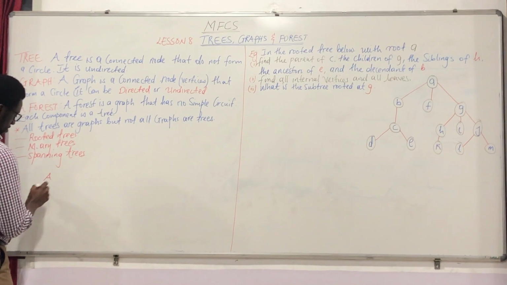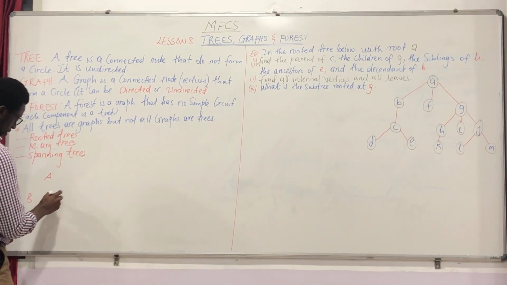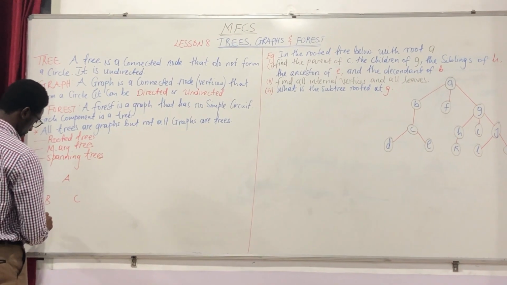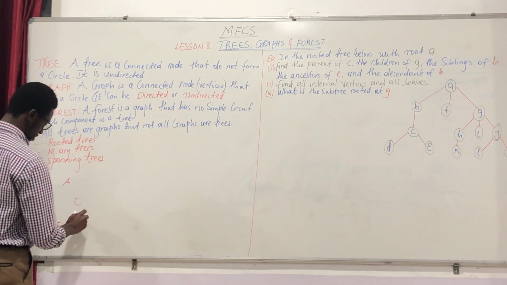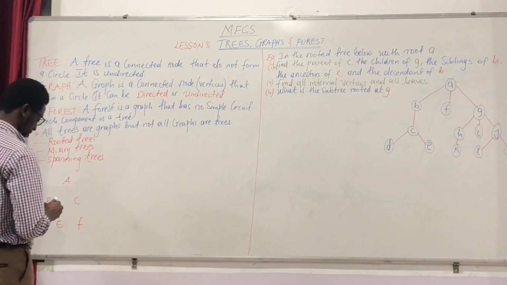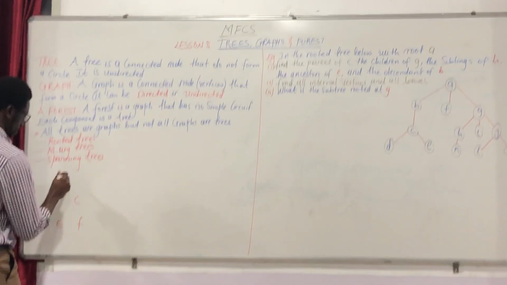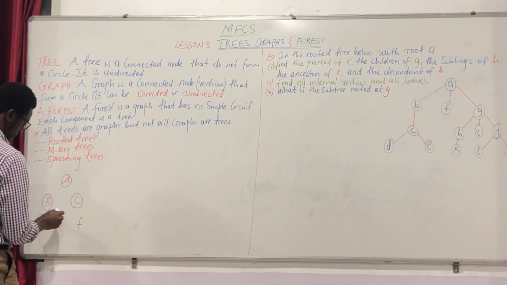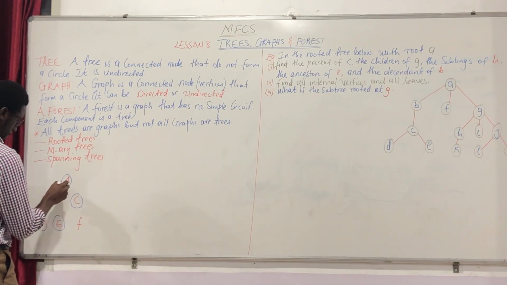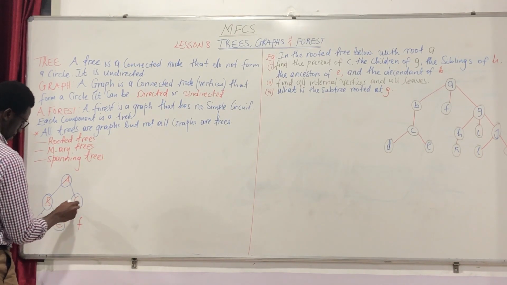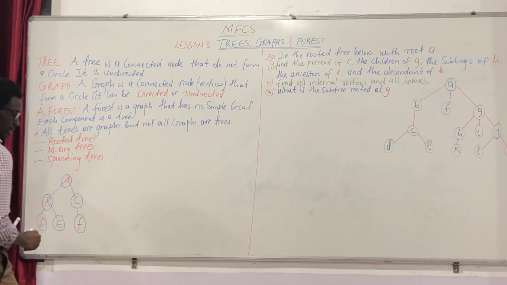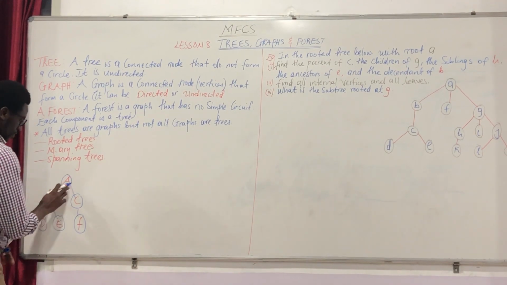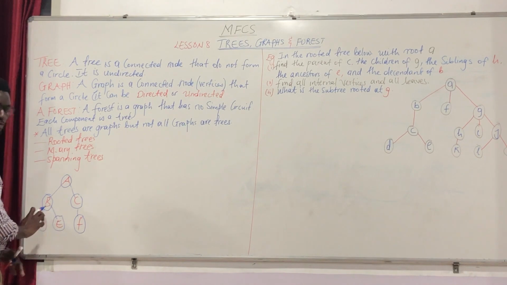Here we have A, B, C, D, E, and F. This one is a tree because you can reach all of these nodes, but there is no loop formed.